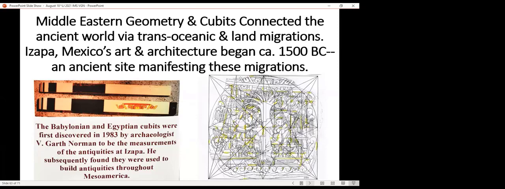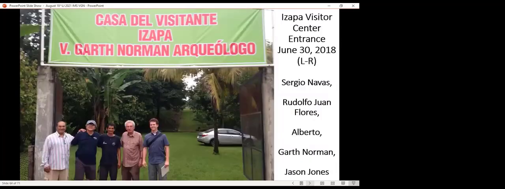My first discovery was in 1983, to the measurements of the antiquities of Zapa. Subsequently found used to build antiquities throughout Mesoamerica, previously shown. Here we're kind of winding up.